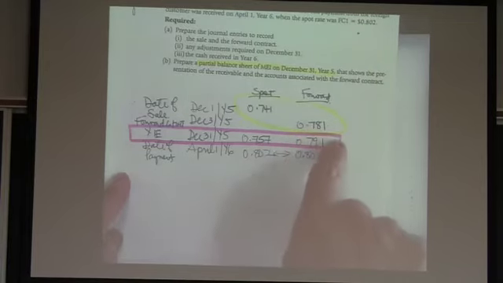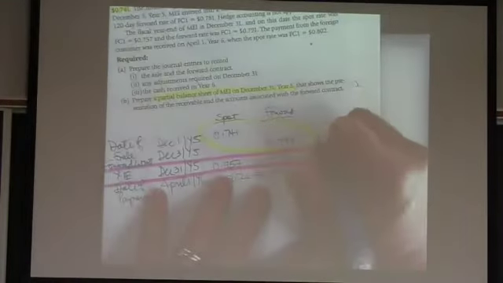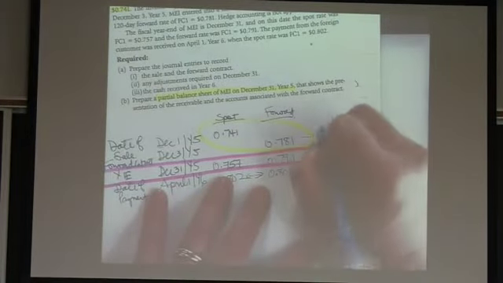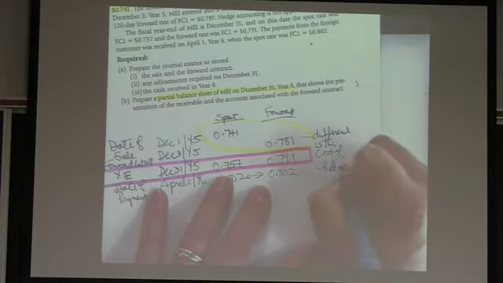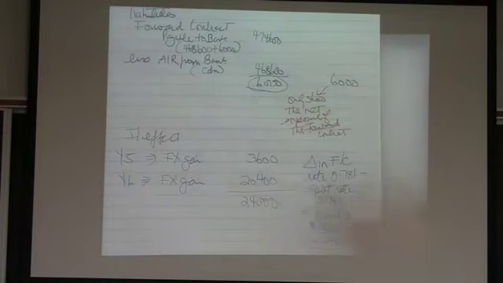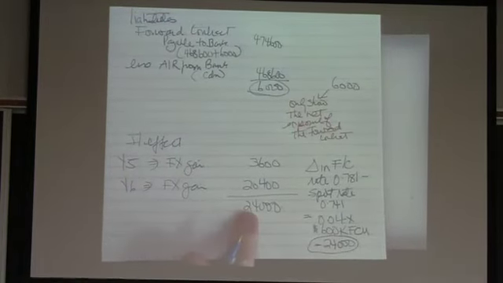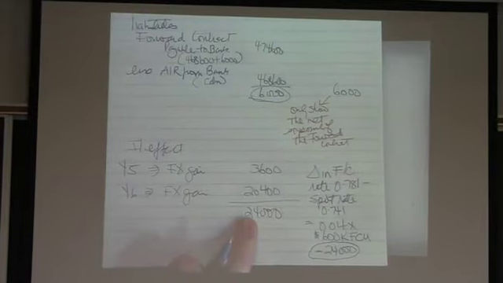And that difference is the cost of the hedge. And that's what I was trying to show here. And the cost of the hedge is obviously the FX gain. Okay, thank you.